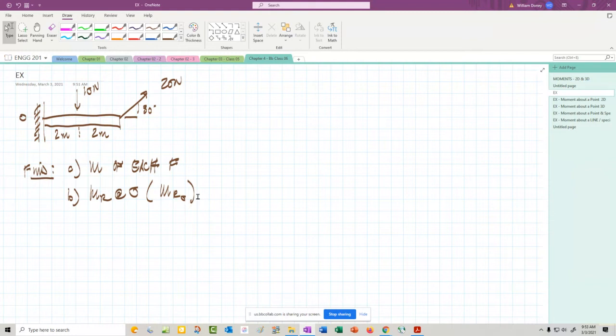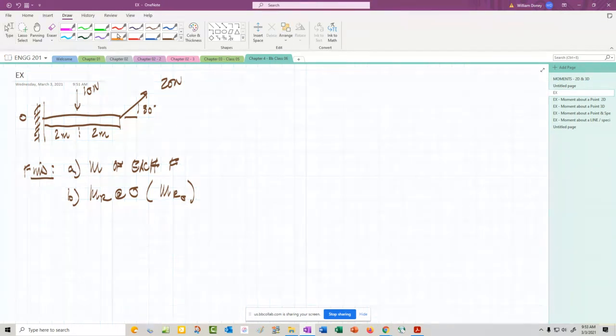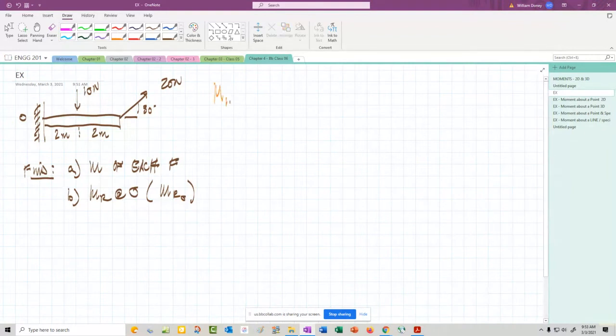2D problem, algebraic, pretty straightforward and easy to do. All right, let's find the moment of each. So I'm going to find the moment of the 10 about O. Again, that's force times distance.